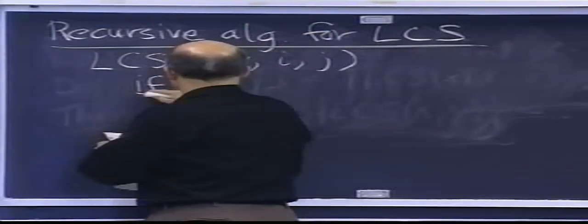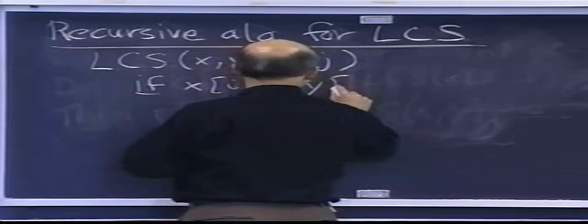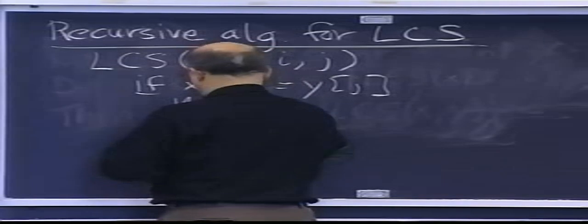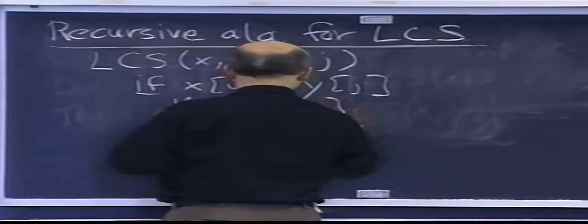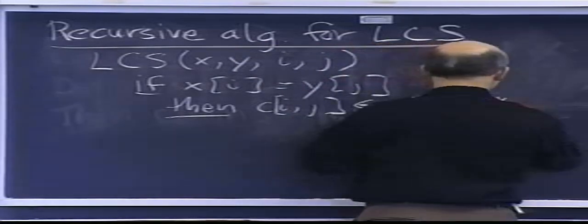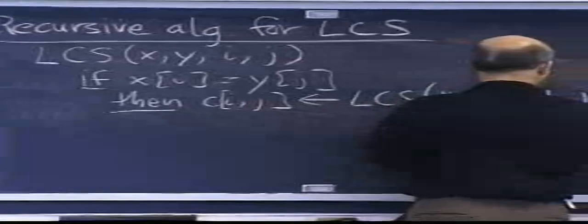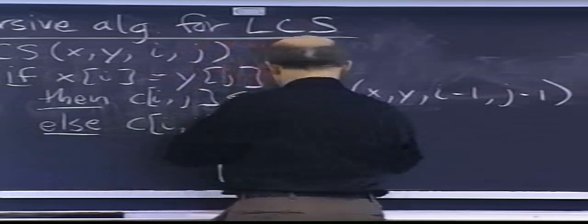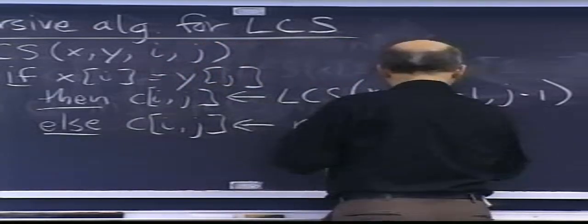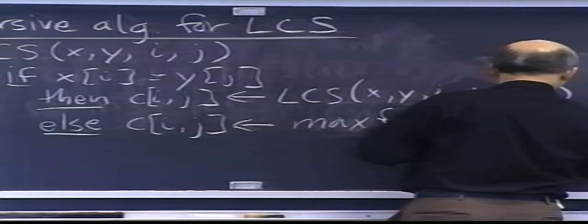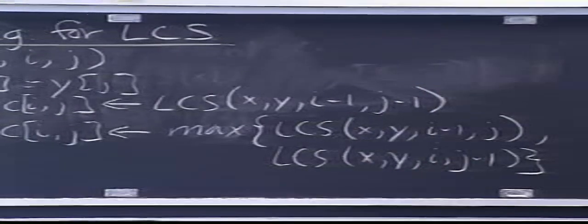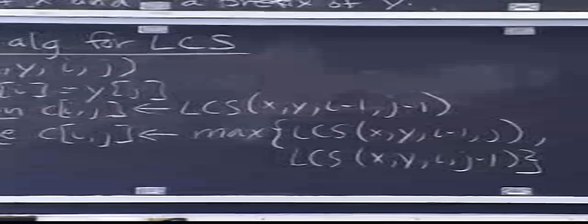It says if X of i equals Y of j, so there's a recursive algorithm for computing the length of a longest common subsequence.